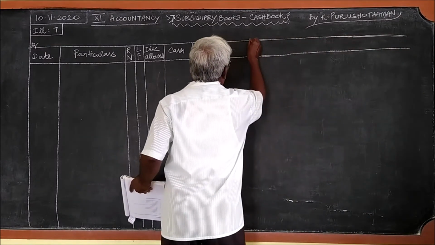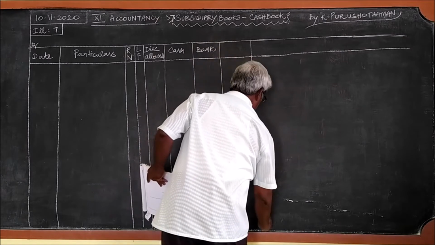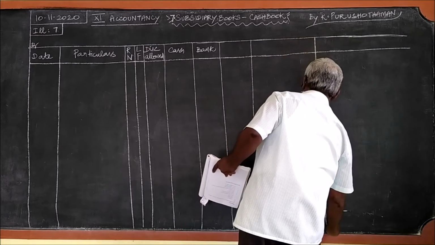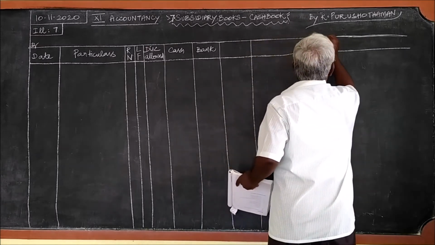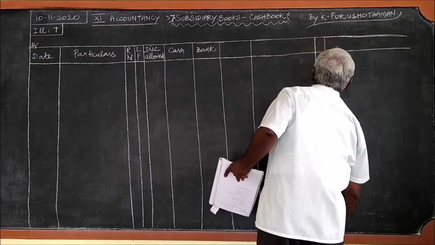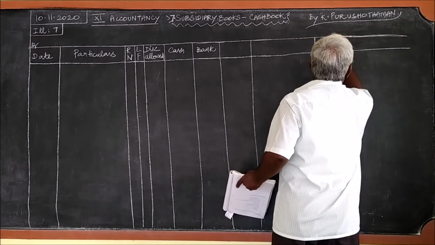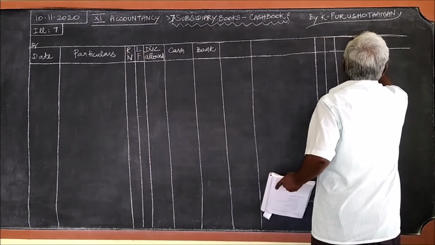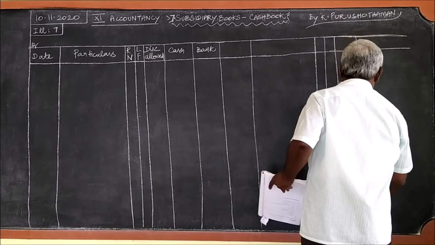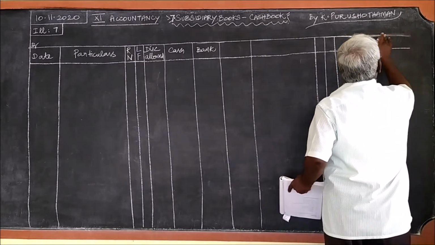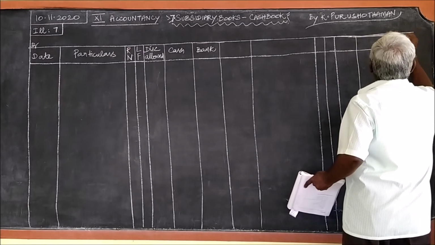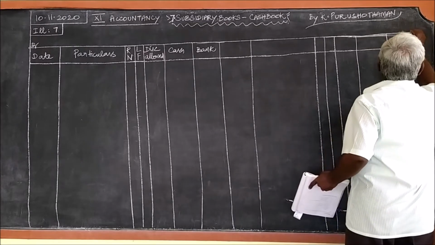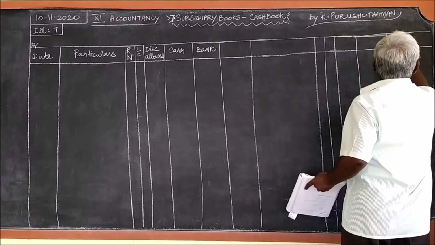The same date, particulars, then voucher number, ledger folio, discount received, cash, and the last column, bank.